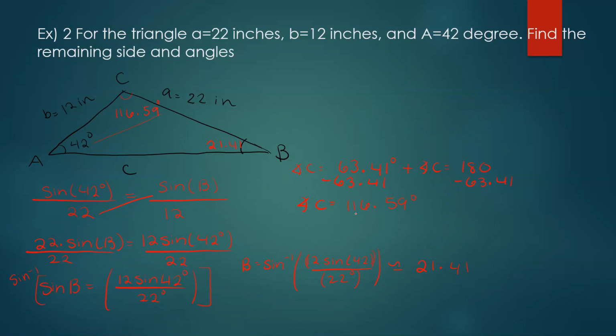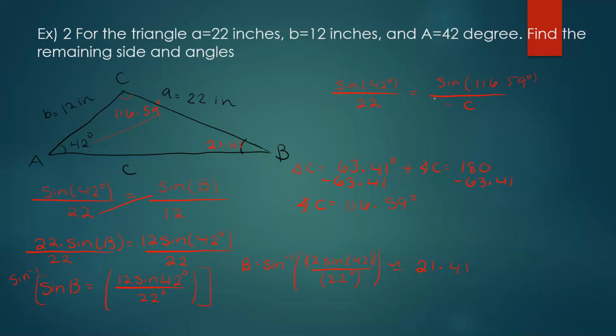So what could I do? Maybe we could do sine of 42 degrees over 22, because 42 goes with 22. And then I want to find c, so we could do sine of big C, which is 116.59 degrees, over lowercase c.